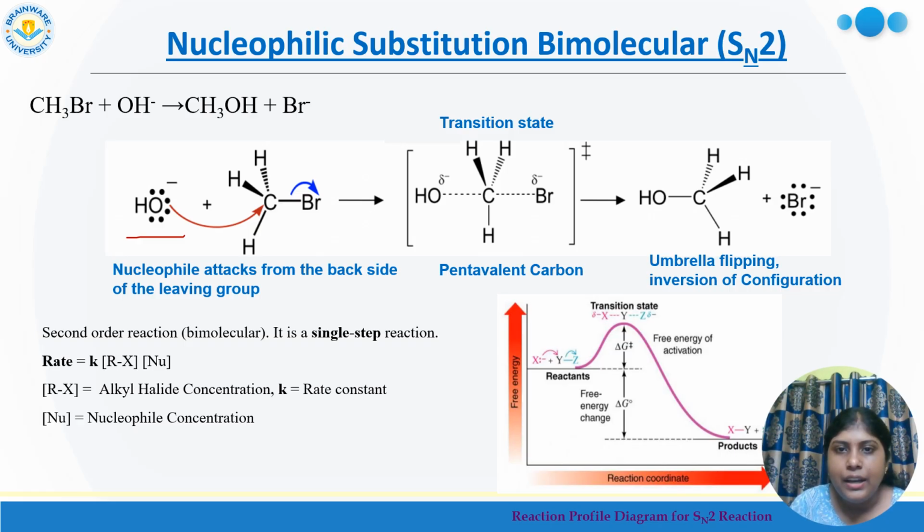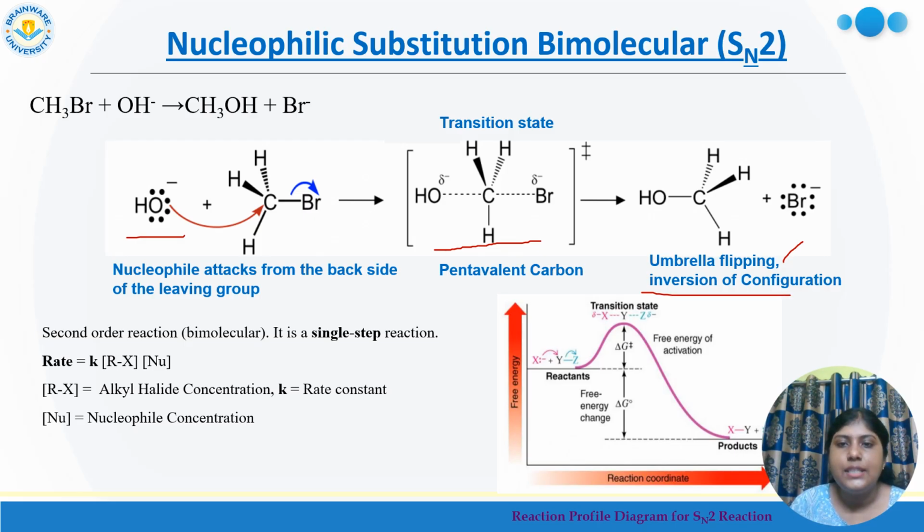In the transition state, this pentavalent carbon appears, and then the formation of alcohol. Sometimes this is known as umbrella flipping, and the stereochemistry is inversion of configuration.